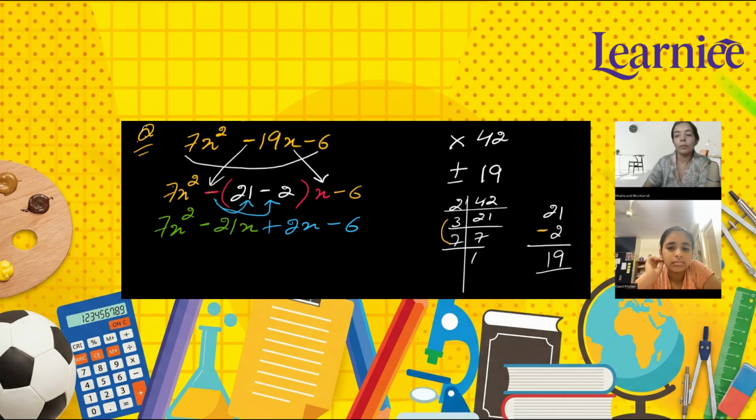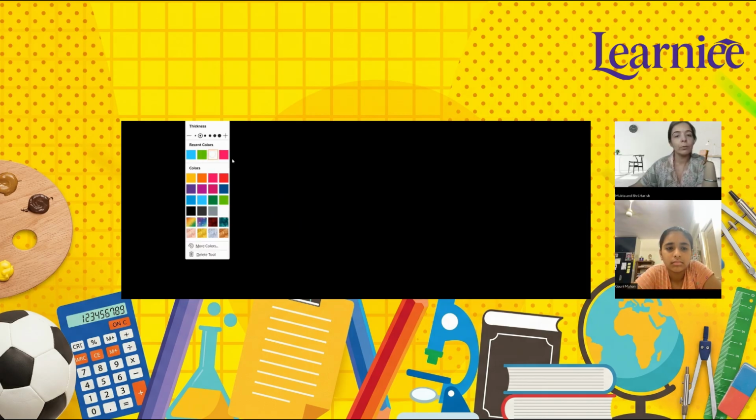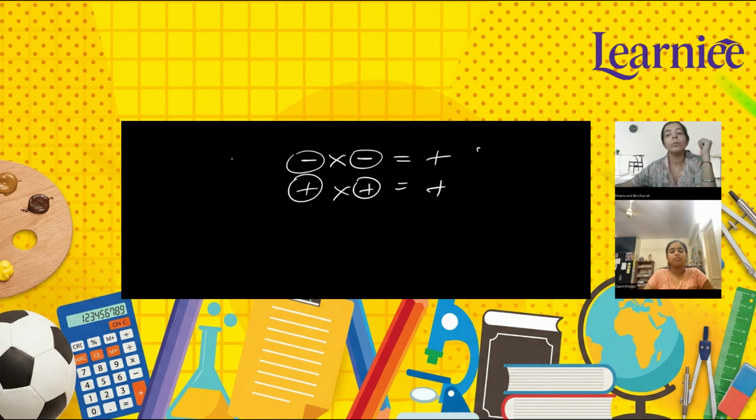Do you know these rules of integers? Wait, I'll write the rules of integers for you first. Bracket means into. So what is the basic rule? When you multiply two similar signs, you always get plus. When you multiply minus with minus, you get plus. When you multiply plus with plus, you also get plus.